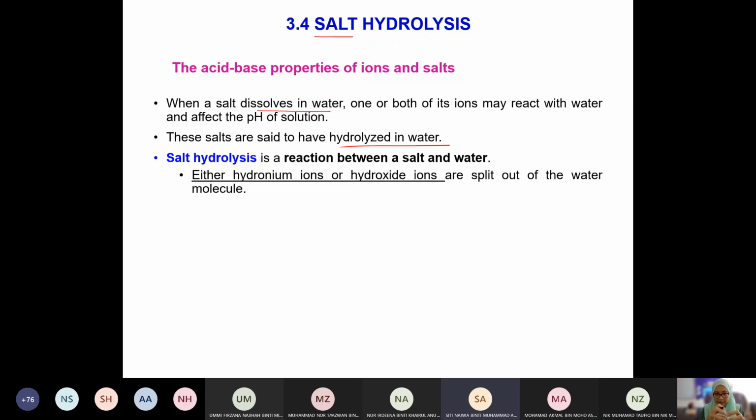When these two react together, it will either produce H3O plus or OH minus. This is what causes it to be basic or acidic. So salt hydrolysis is a reaction between salt and water, where either hydronium ion or hydroxide ion is split out of the water molecules.